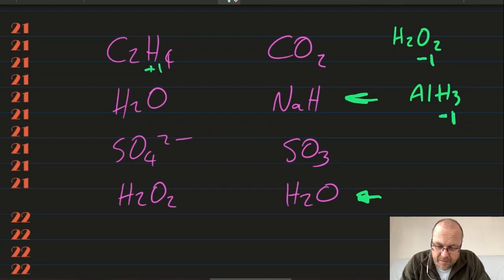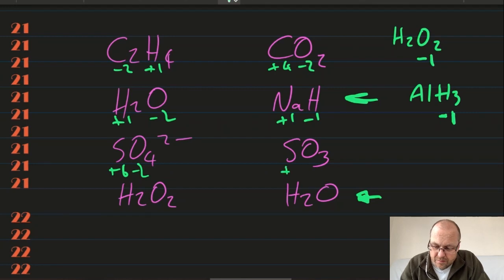So that's going to be +1, -2, +4, -2, +1, -1, +1, -2. +6, -2, +6, -2. There we go. So it's that one. 21C. Yep. 21C.